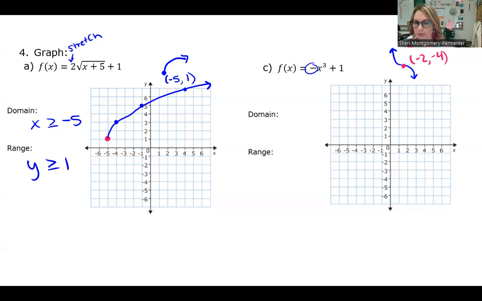So I can go plot that point. -2, -4. So from my center point, I know that I'm going to be in a negative direction. I already gave myself a hint. My graph needs to go down.